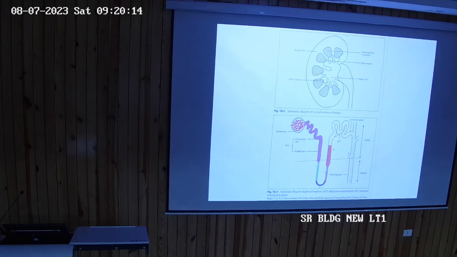This distal convoluted tubule continues into the collecting tubules, and these collecting tubules open into the larger structure called the collecting duct. All these are the structures of the nephron. Understand? These nephrons are millions in number, and there is no regeneration of the nephron.